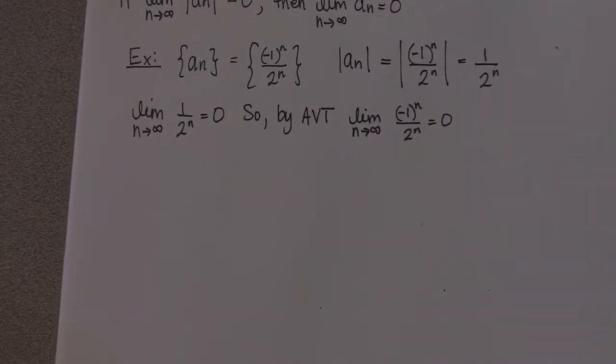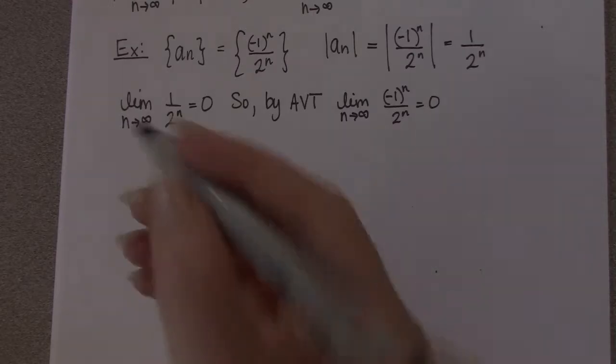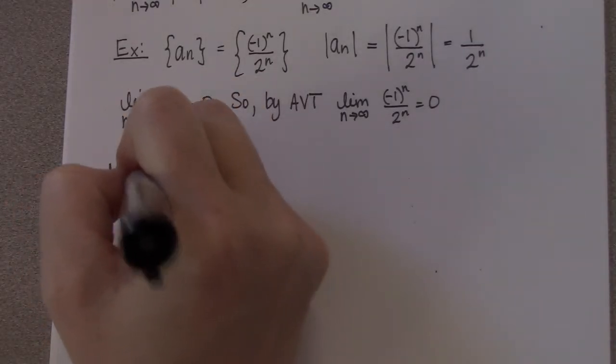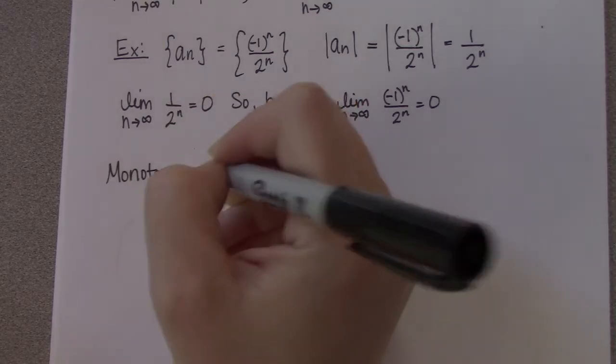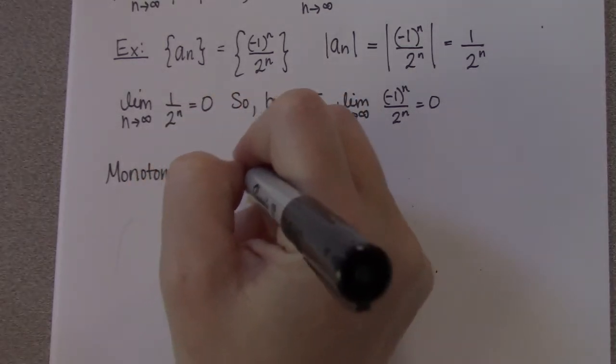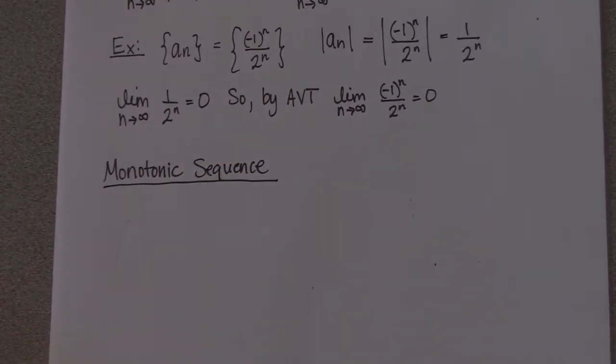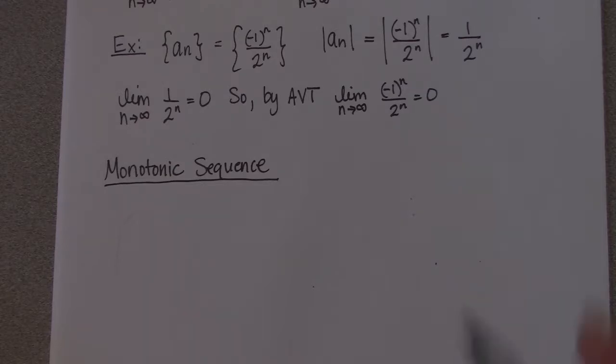So the last thing I want to show you about how to test for convergence is we're going to look at something called monotonic and boundedness, okay? So what is a monotonic sequence? Mono means 1, okay?